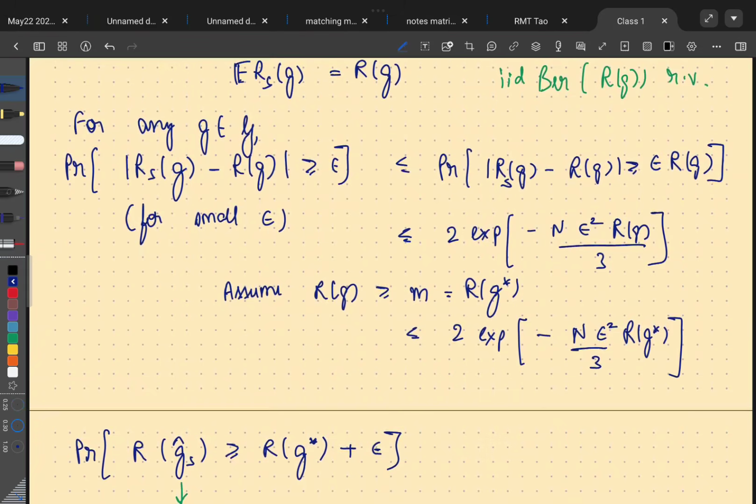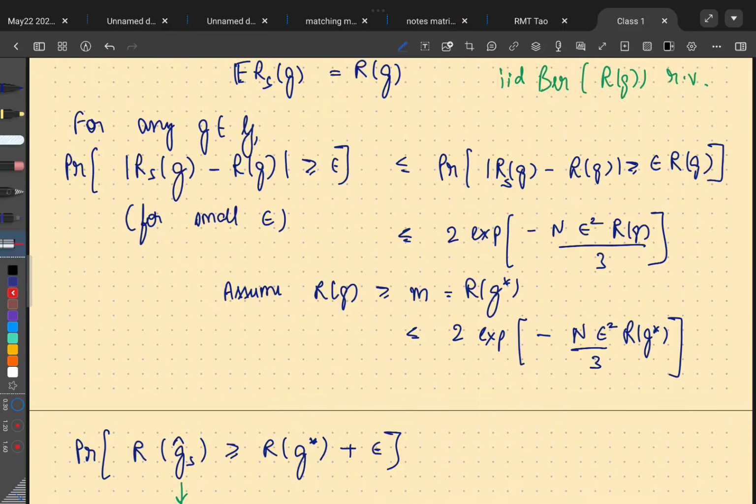It can't be random and dependent on the sample. My G hat S depends on the sample. It's true only if it works for every G. There's a difference between working for any fixed G versus working for every single G in the hypothesis class.